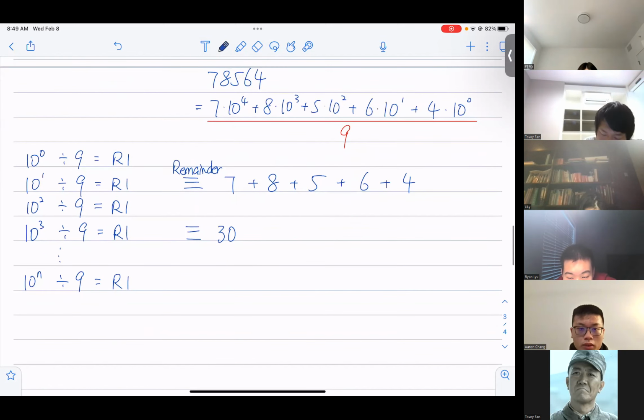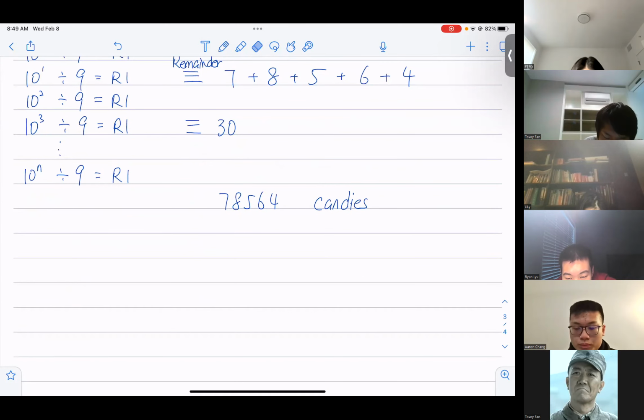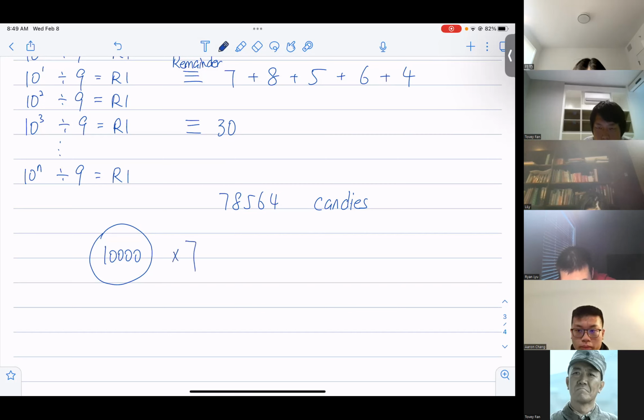Let me write it down. So now you have 78,564 candies, and I'm going to divide it into some piles. First we have a pile of 10,000 candies, and we have 7 of these piles. We have a pile of 1,000 candies, and we have 8 piles.